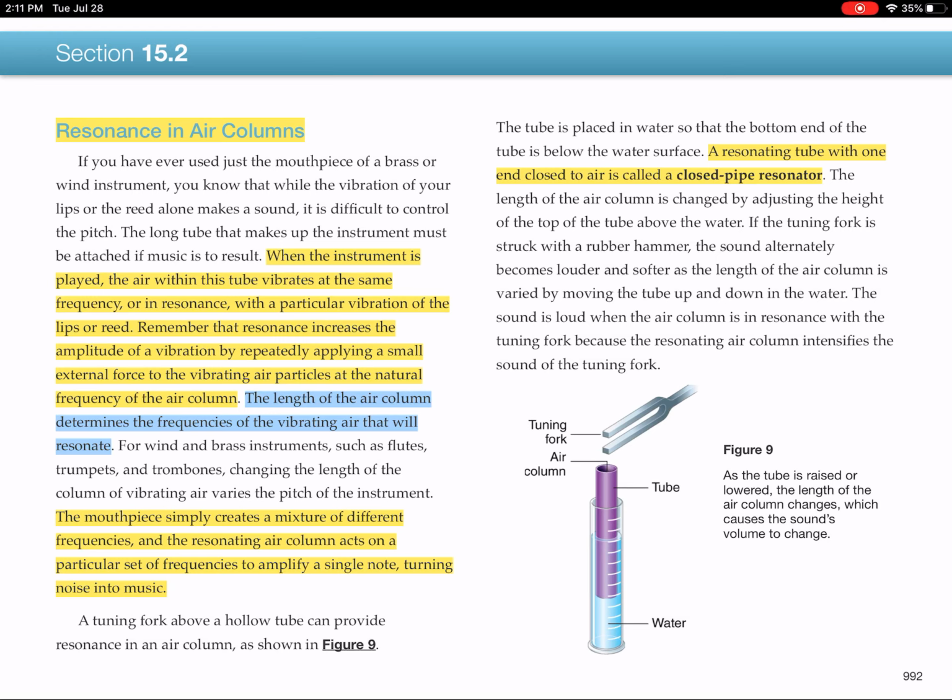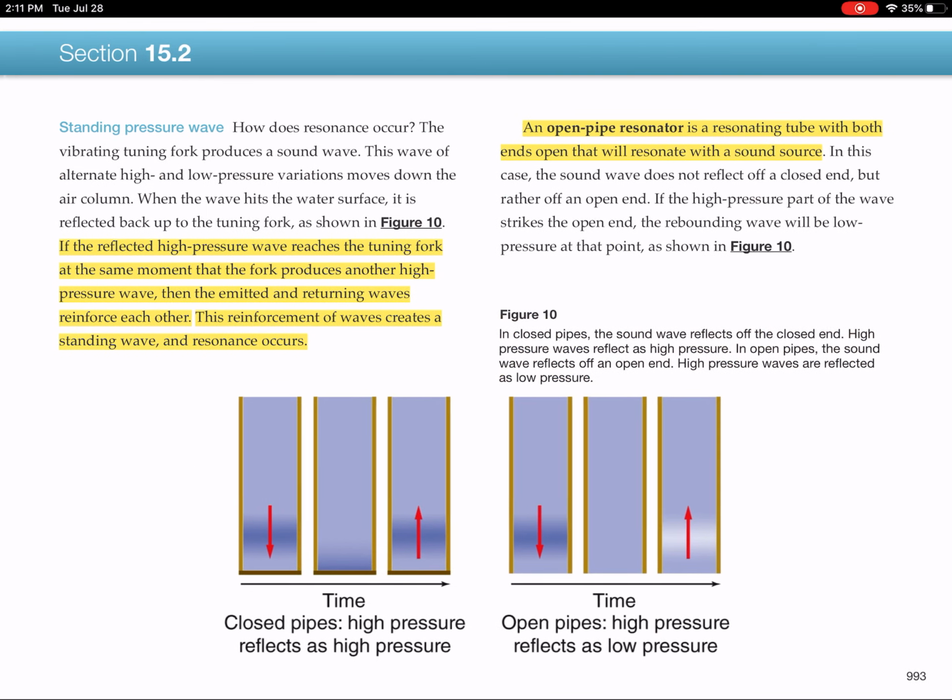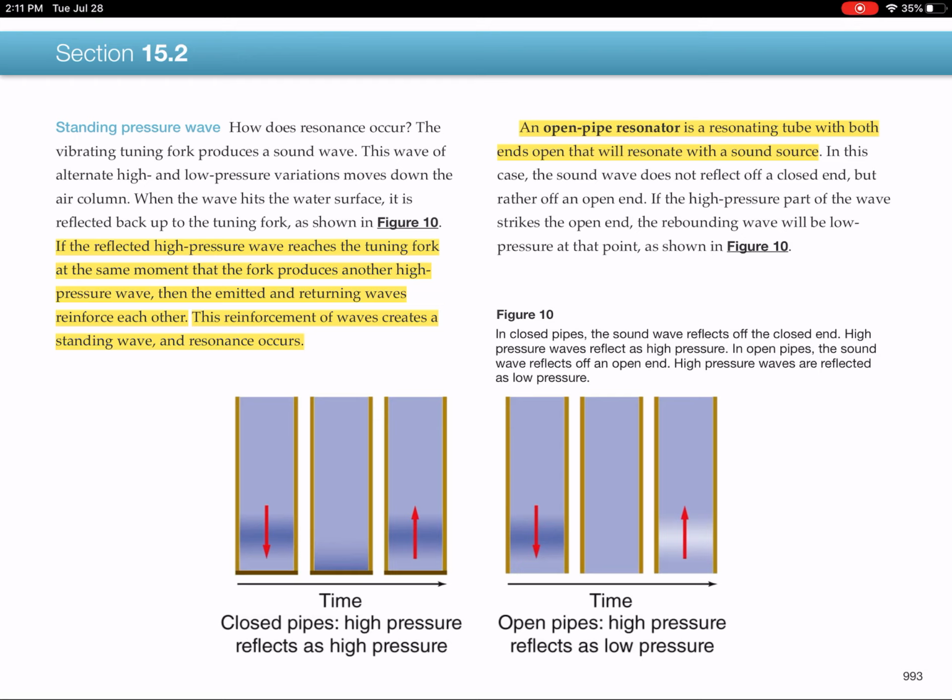On the right-hand side, you'll notice there's water with a tube in it. Keep paying close attention to that, because we're actually going to do that in a lab later on to figure out the speed of sound. So on that one, you notice the tube's in the water, and so it has an open end on the top and a closed end on the bottom, and we call that a closed pipe resonator, a closed pipe tube. And what you generate is these standing waves.